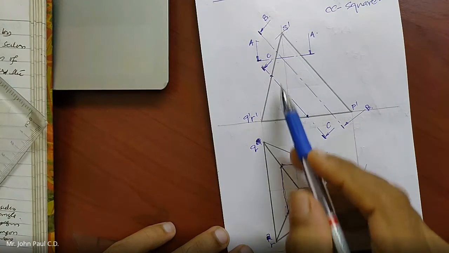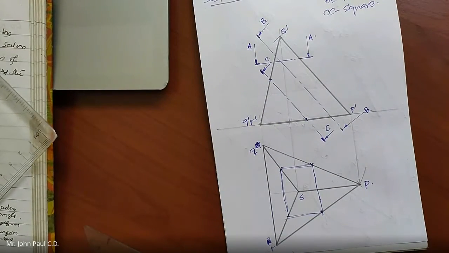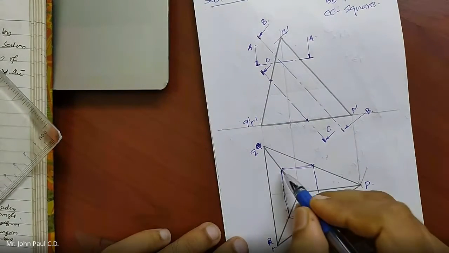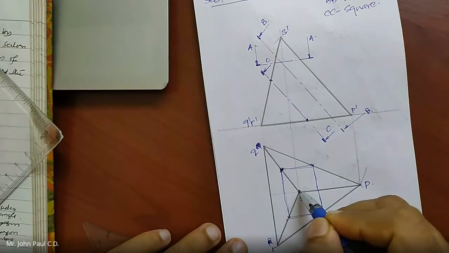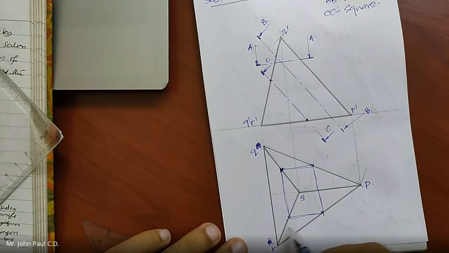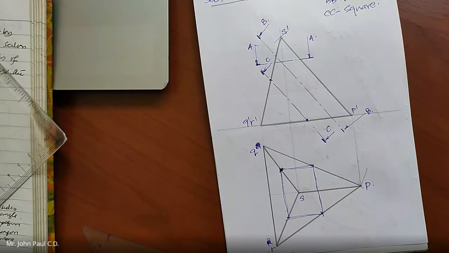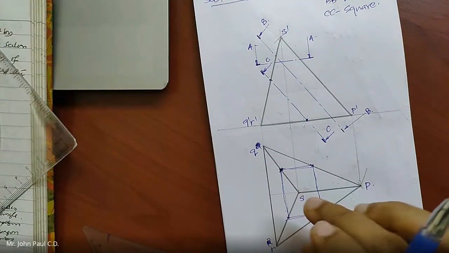In order to get the true shape, you have to make it tilted parallel to the xy line. You will get a square, because this point is actually the midpoint of 60. This is the midpoint of 60. This is the midpoint of 60. This is the midpoint of 60. So on joining that, you should get a square. Anyway, so these are the three shapes.